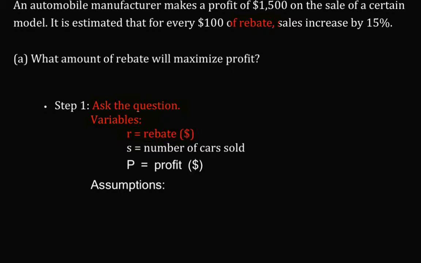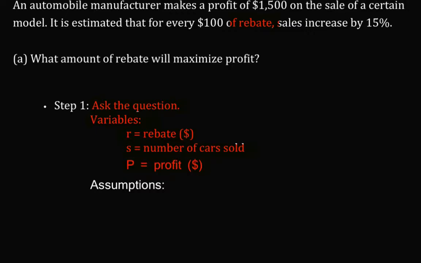So let me use S, number of cars sold, and P is the profit. So these are the variables. Then we need assumptions.